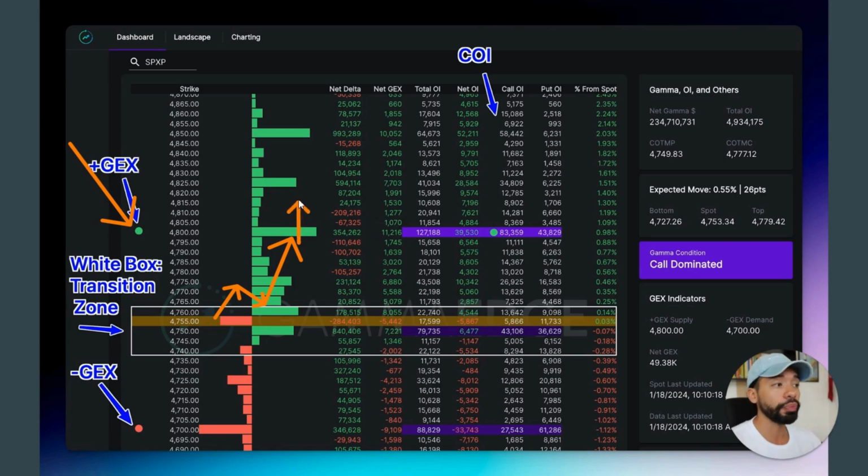And if we happen to move above that GEX, then perhaps we're going to have a squeeze, and this is going to act as support, and then we're going to move into the next level, which is going to be the next highest level of positive gamma exposure, and those levels continue to stack to the upside, which is actually pretty interesting.